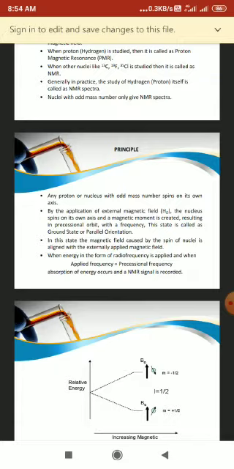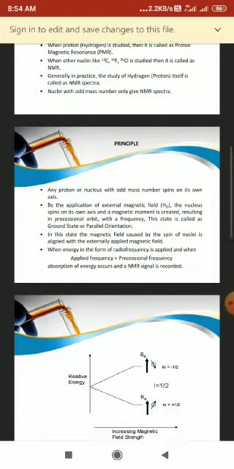When energy in the form of radio frequency is applied and when applied frequency is equal to precessional frequency, absorption of energy occurs and a NMR signal is recorded.